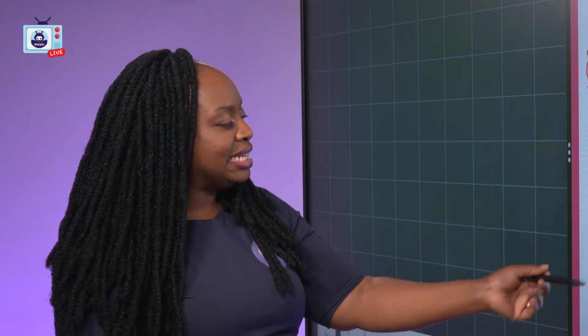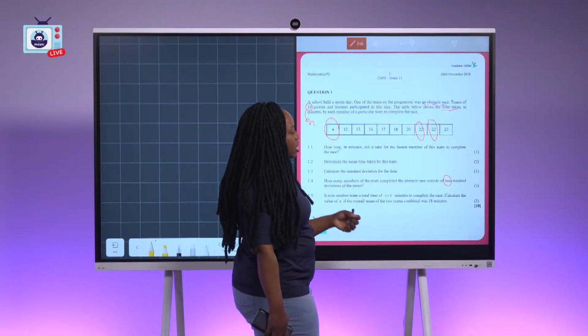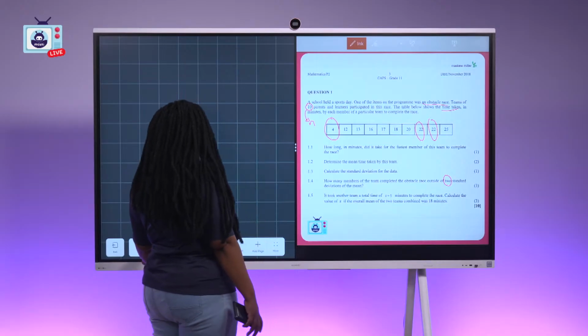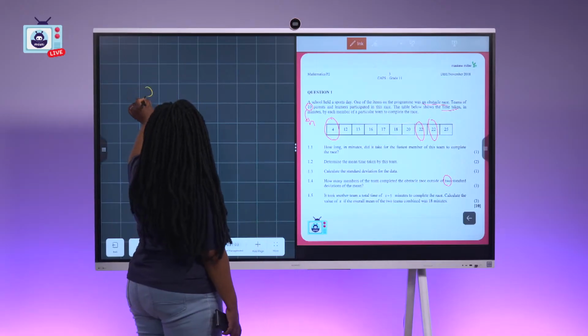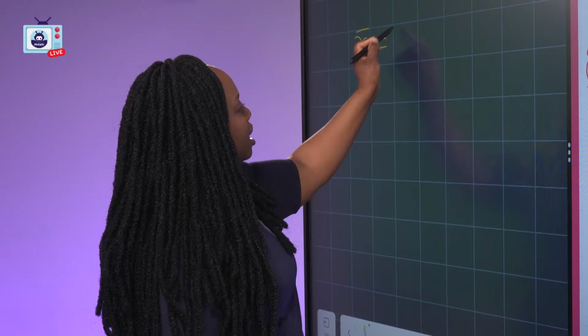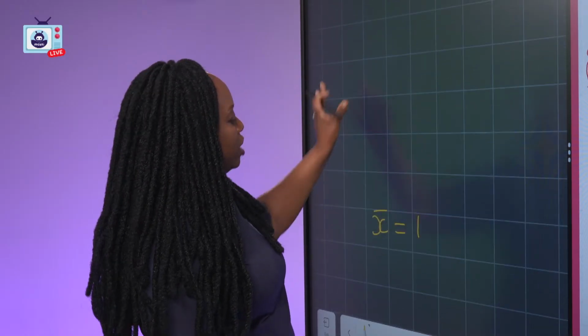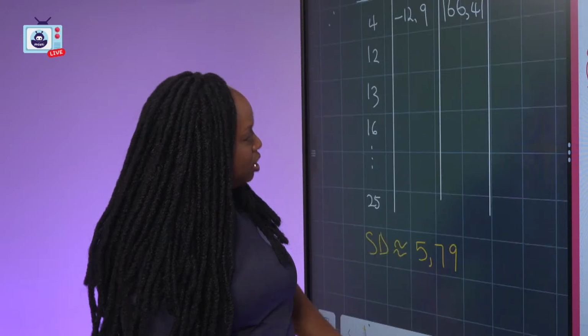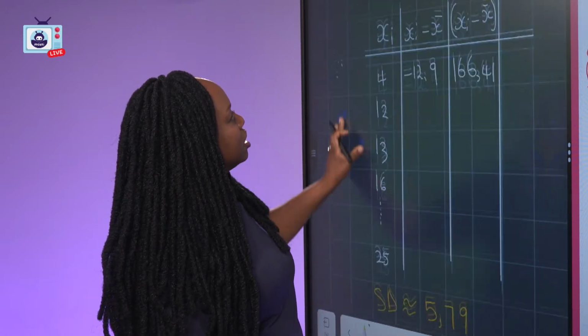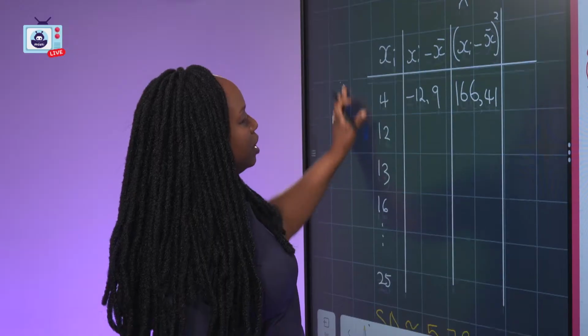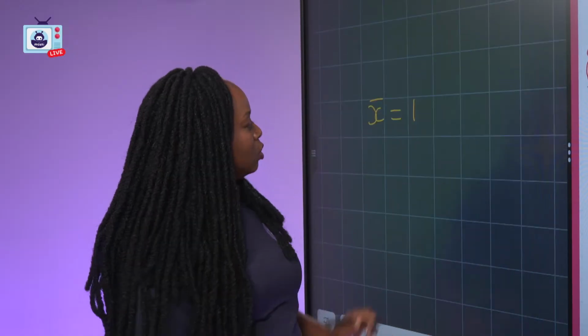So they are saying a race outside of 2 standard deviation of the mean. So what is it that we need now? You just need to capture your mean. If you can remember it, we said mean is 16.9. Let's just check it. We said the mean is 16.9. Yes, we are correct.